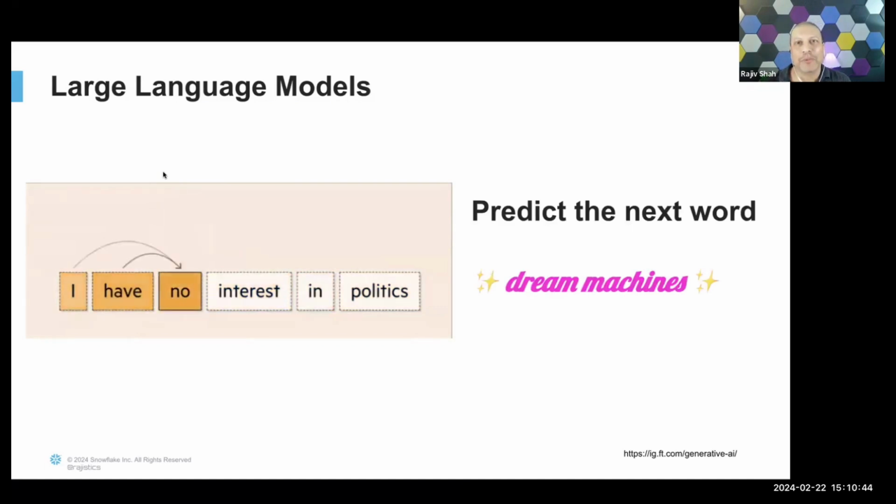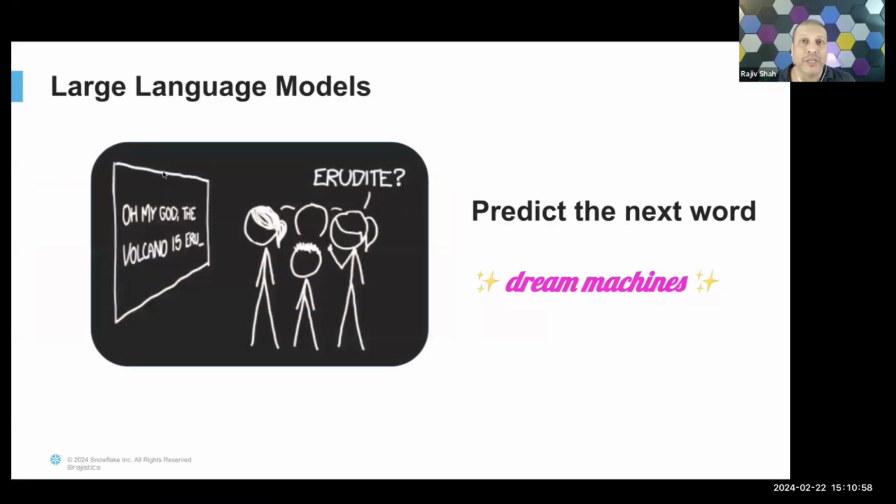As they're doing this type of prediction, it's a statistical prediction, just like your traditional machine learning. It's not like they know the truth when they're doing this. They're just trying to make the best prediction based on their past data for what that next word is. Because of this, I like to always call them dream machines.